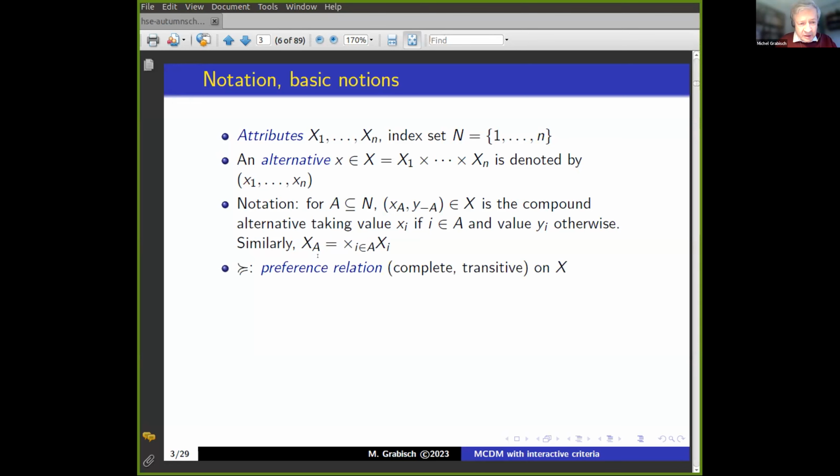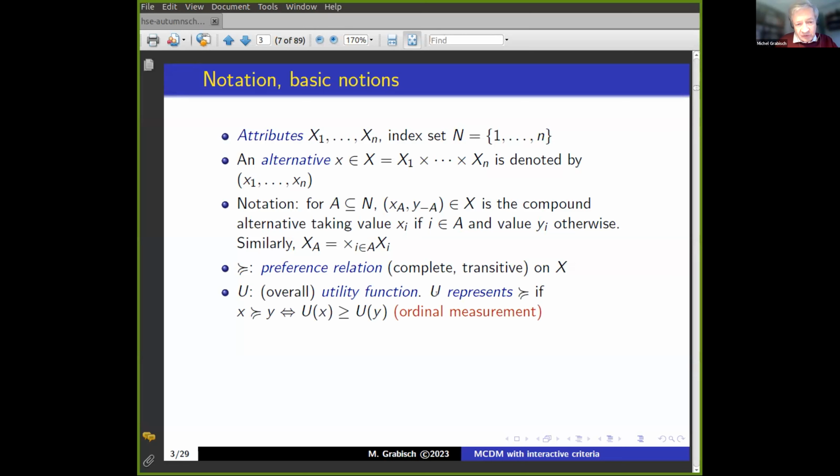Now I consider that we have a decision maker, and this decision maker has a preference relation on X, that is to say, the set of all possible alternatives. This preference relation is assumed to be complete and transitive. So the aim of decision theory: given a preference relation, I want to find a numerical representation of the preference by means of a utility function.